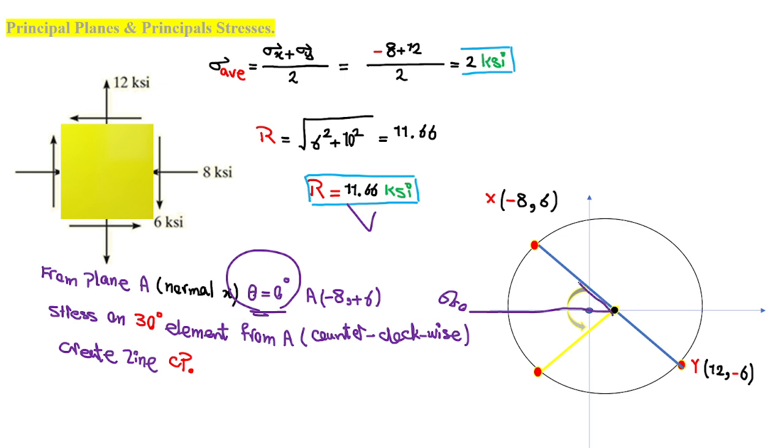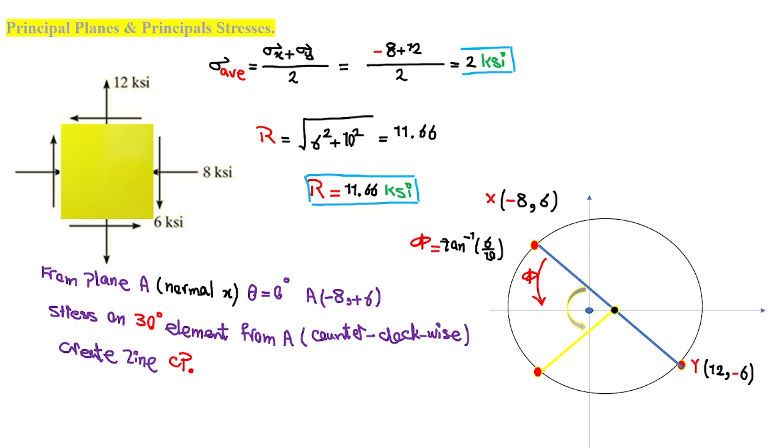And this is normal. We just want to go from here 60 degrees, or 30 degrees in elements, counterclockwise, to get us to the CP.